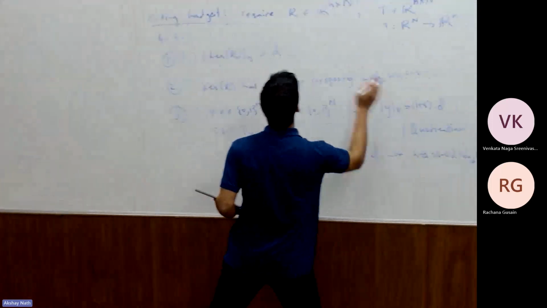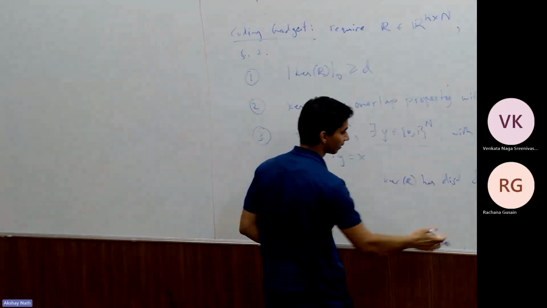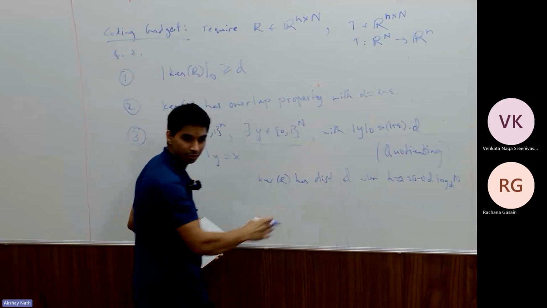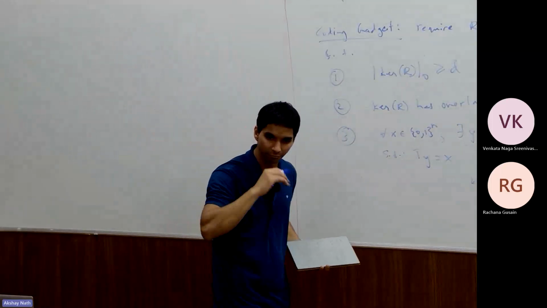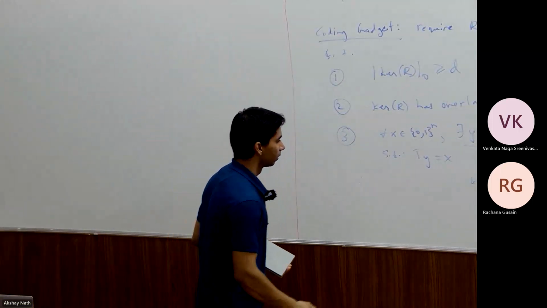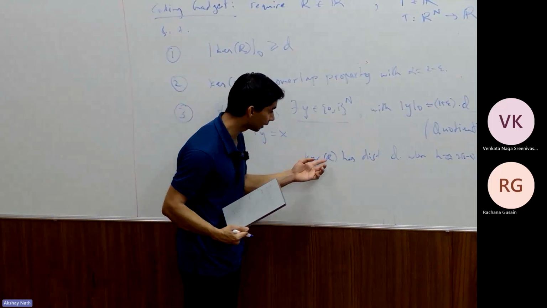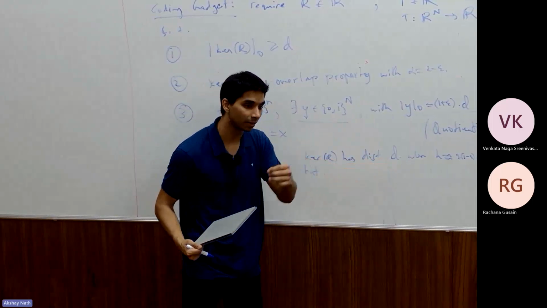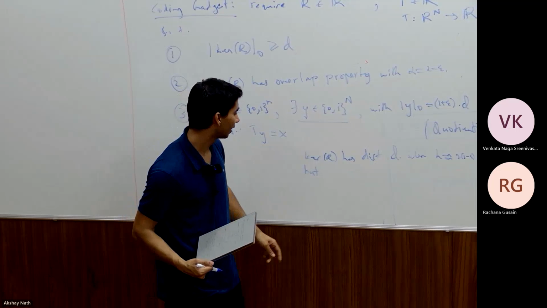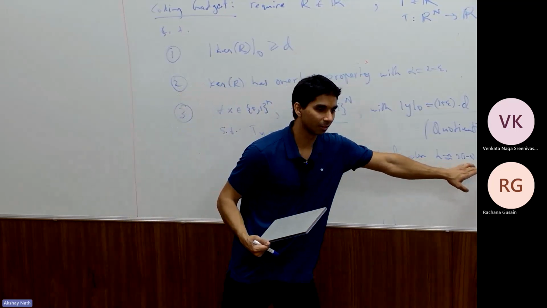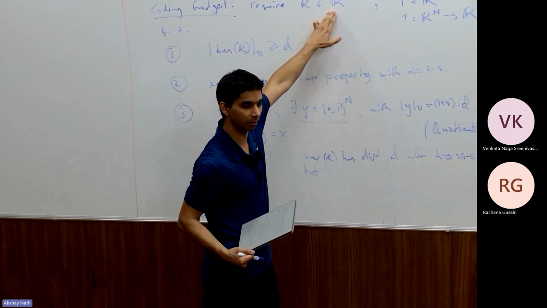When the number of rows of this matrix R is precisely this, then the kernel of R has roughly this distance. Okay, this very tight phase transition happens. So in other words, it has no vectors of sparsity d minus 1 when h is roughly this. So h is the number of rows of this matrix R.